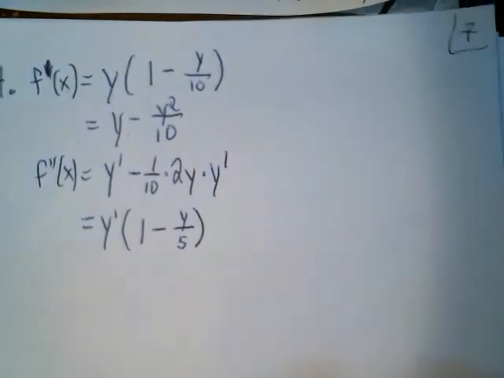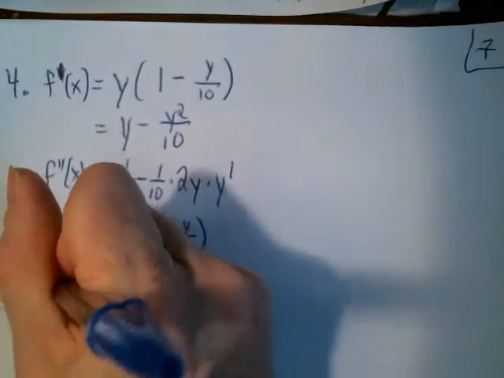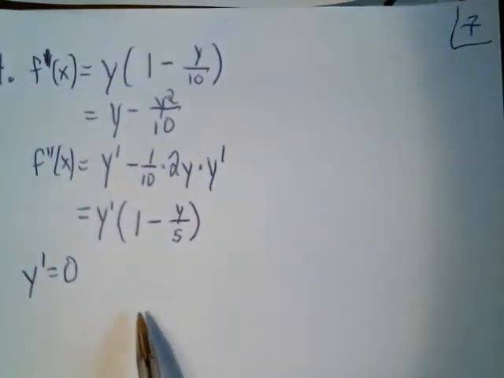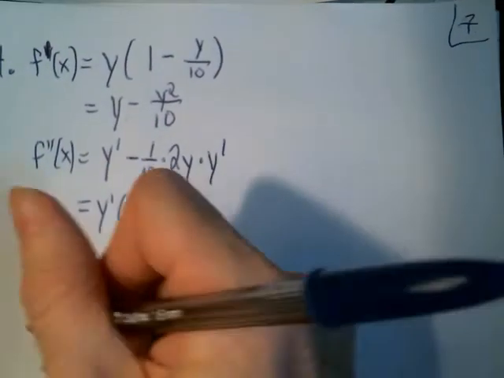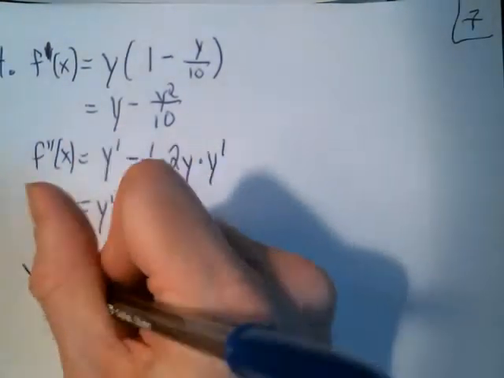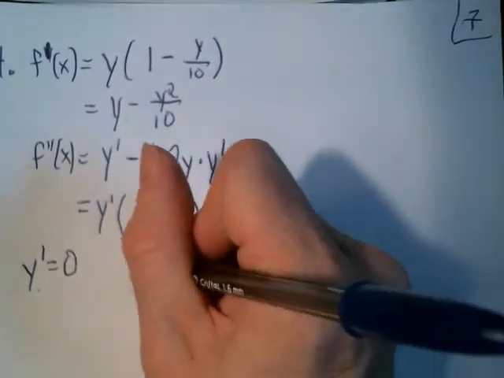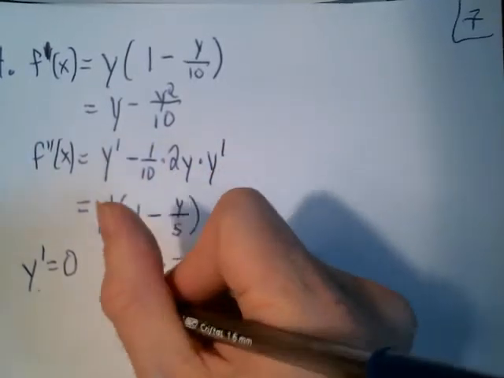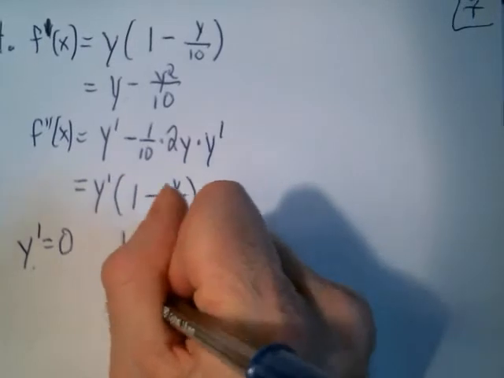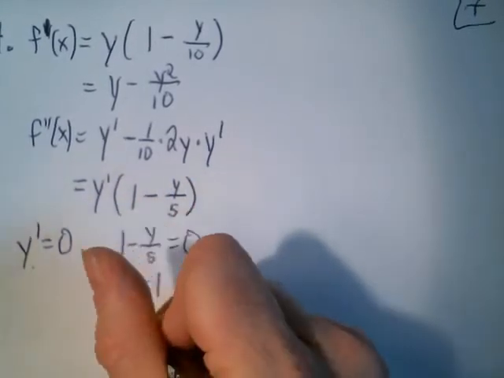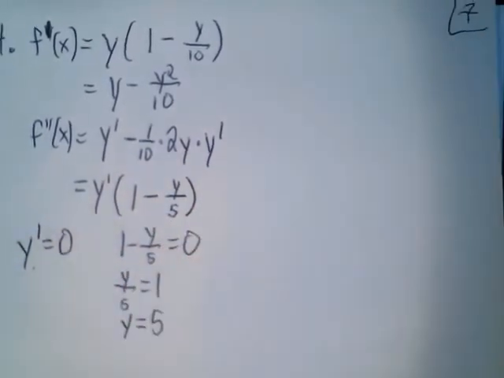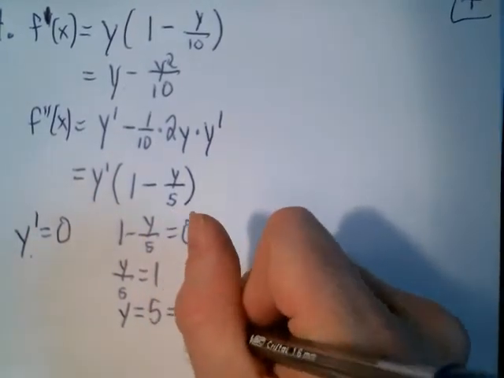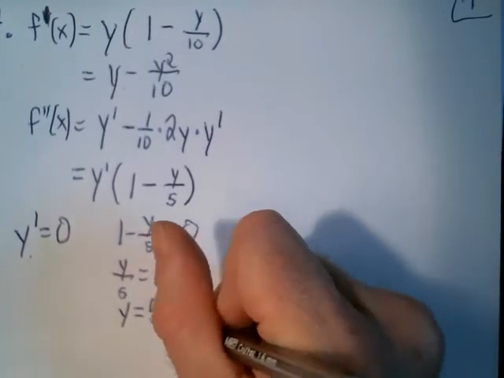To find the inflection points, you just take the bits and set them equal to 0. Y prime equaling 0, we already worked with that in the previous step. It's never equal to 0. So no help there. Then you just take 1 minus y over 5 and set it equal to 0. And so we get y over 5 equals 1, so y equals 5. And you'll learn later that this is just the limiting capacity all over 2.